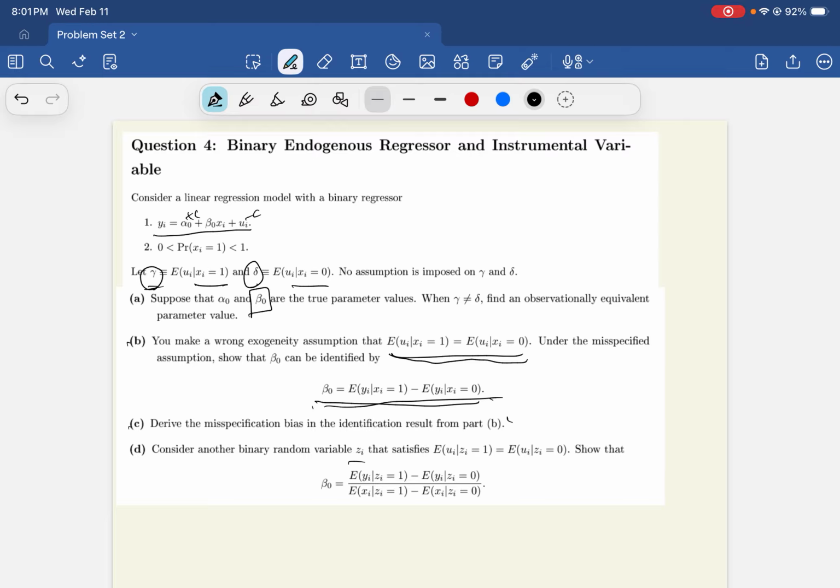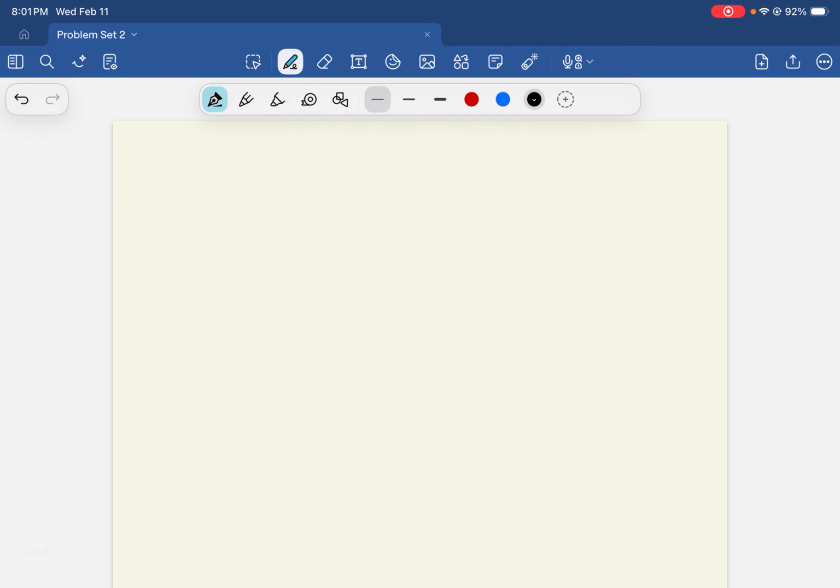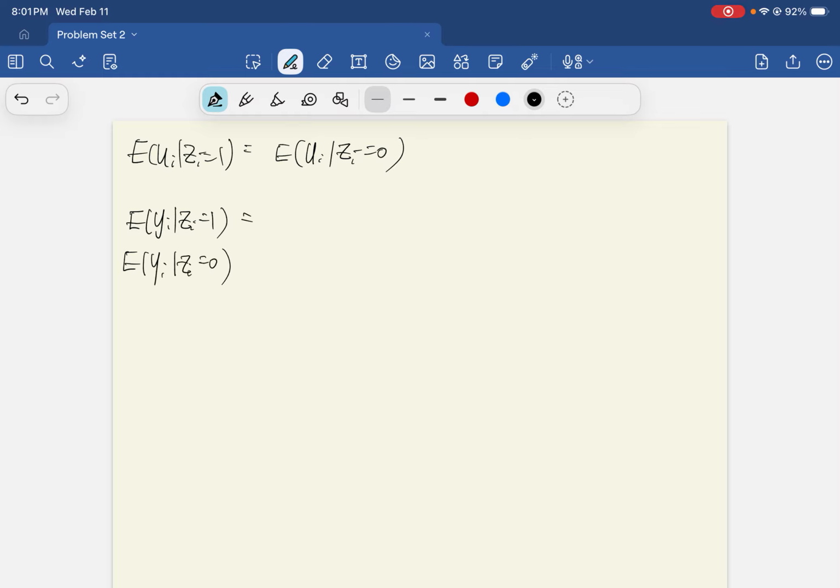Now let's think about an instrumental variable that is also binary, and it satisfies this condition. How can we utilize that? So we now have the expectation of ui given zi equals 1 equals the expectation of ui given zi equals 0, right? To do that, first I will calculate this and this. If you do that, pretty simple: alpha 0 plus beta 0 times the expectation of xi given zi equals 1 plus the expectation of ui given zi equals 1.